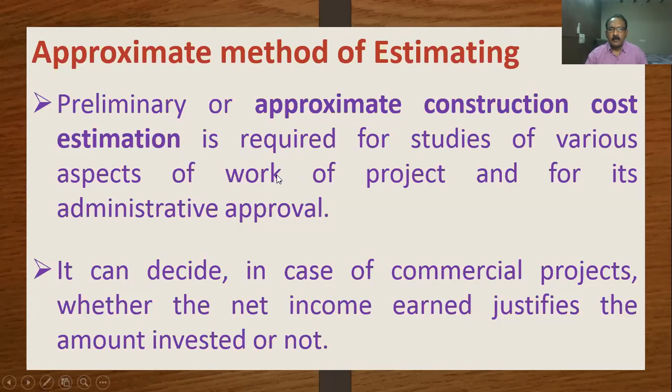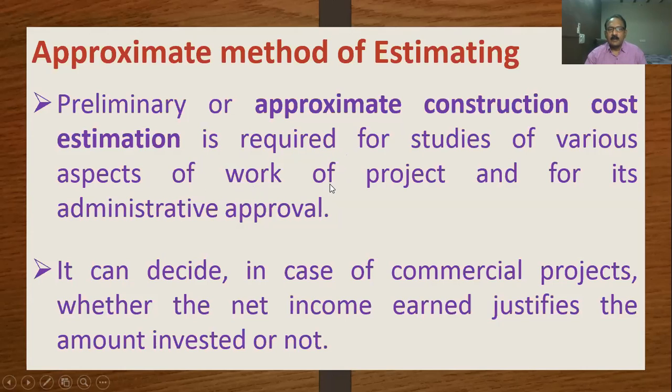Suppose government is planning to construct one engineering college. Say the government is ready to give funds of around 30 crores. In 30 crores, is it possible to construct that college with all amenities and all structures? So this preliminary approximate estimation is required. If it is within limit, then we'll go for detailed estimation.